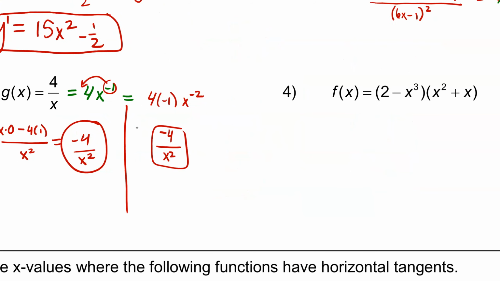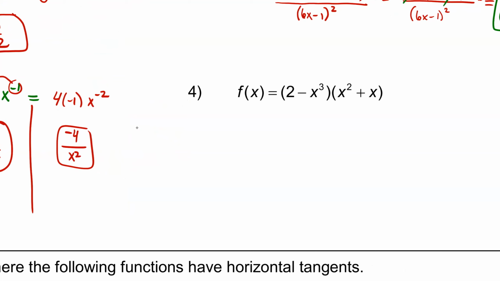Try out number 4 on your own. Oh my gosh. What is this? It's a product, because you literally have 2 functions being multiplied. So derivative of this one, -3x squared, derivative of this one, 2x plus 1.